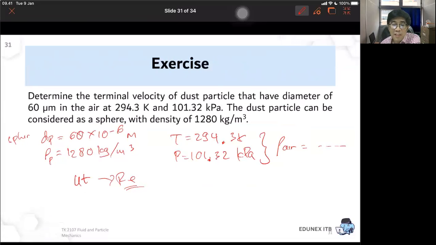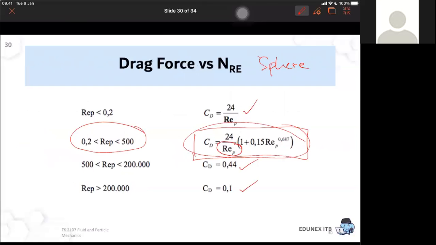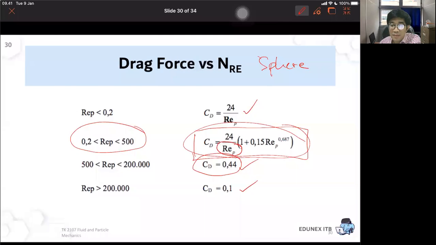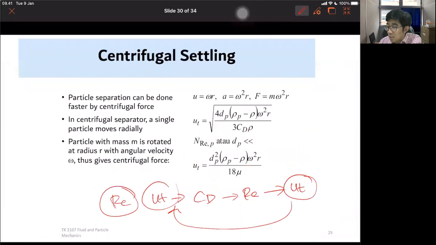Do you have a suggestion? How can you simplify the calculation? Before doing the iteration, you can check this one first: you guess the CD first.